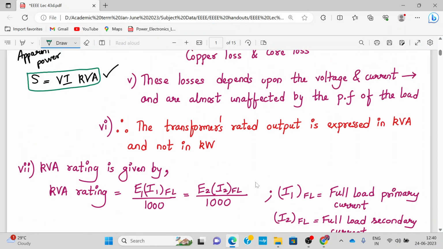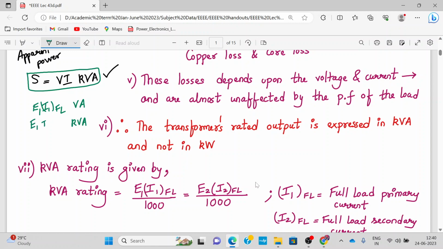I'll let you know. Basically V is written as E1 because it's the primary transformer rating, and I1 at full load. If you measure this in V into A, it's the normal VA rating, right? Now if I want to measure in kVA, I have to divide by 1000.